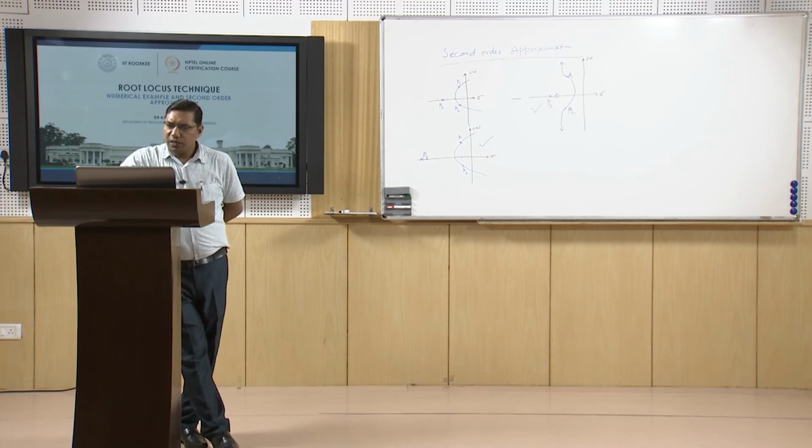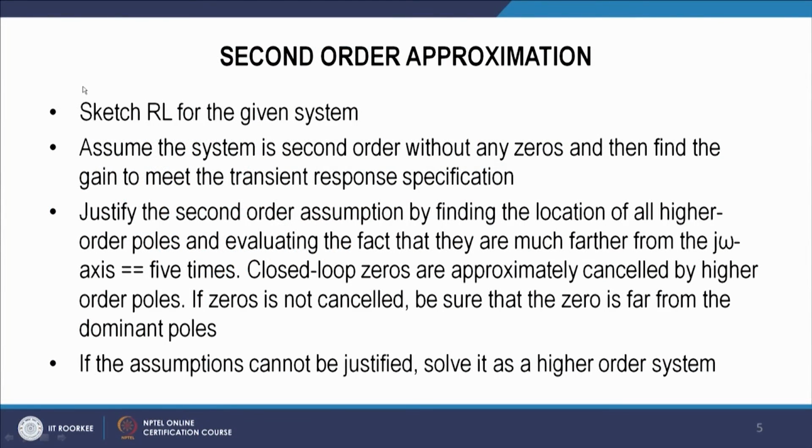So, for the second order approximation, we have to sketch the root locus for the given system, then we assume that the system is second order without any zeros, and then find the gain to meet the transient response specification. Then justify the second order assumption by finding the location of all higher order poles and evaluating the fact that they are much farther from the j omega axis, at least 5 times the location of the dominant poles on the real axis.